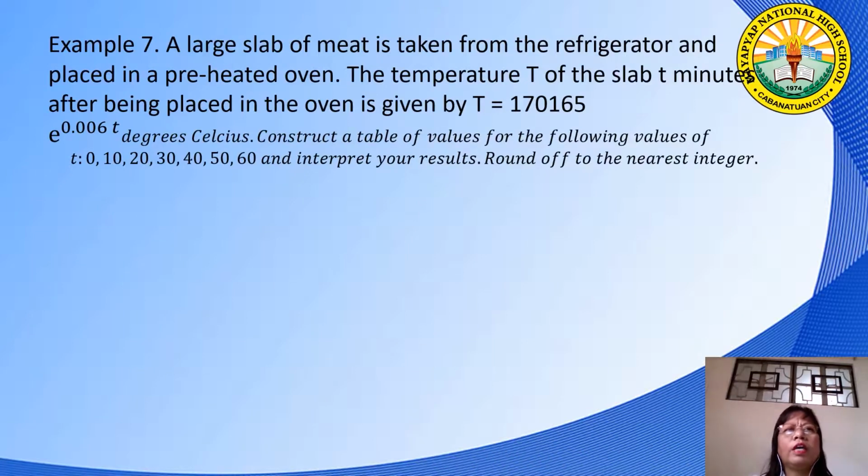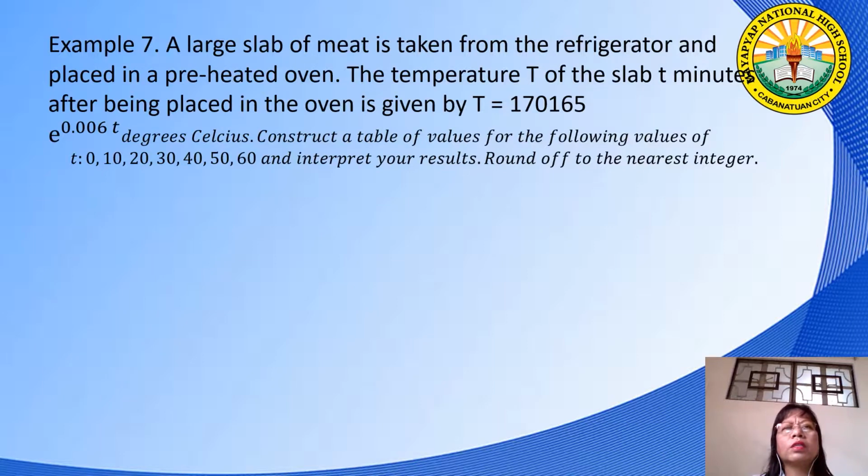Example: a large slab of meat is taken from the refrigerator and placed in a preheated oven. The temperature T of the slab t minutes after being placed in the oven is given by T equals 170 minus 165 e raised to negative 0.006 t, in degrees Celsius.